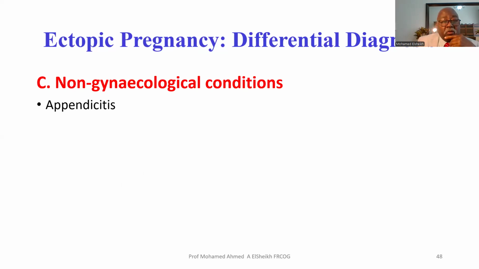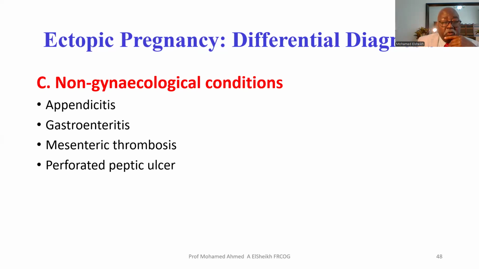Non-gynecological conditions: appendicitis, gastroenteritis, mesenteric thrombosis, perforated peptic ulcers, renal colic. So ectopic pregnancy needs to be differentiated from obstetric problems.